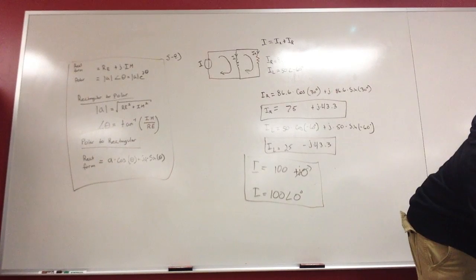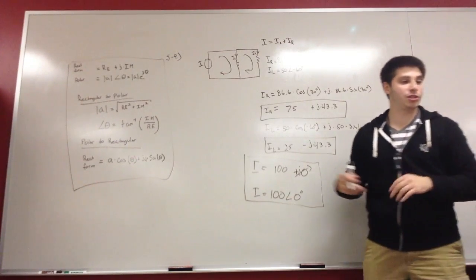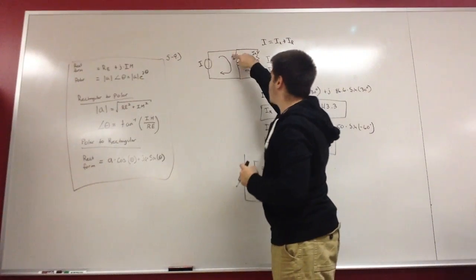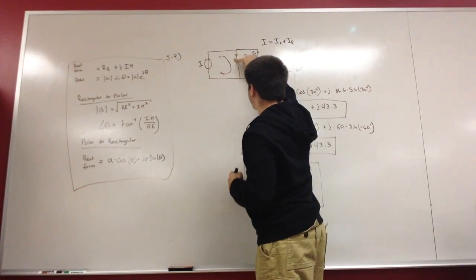And the last question is 512, which is the same circuit setup, except this is a capacitor instead of an inductor.